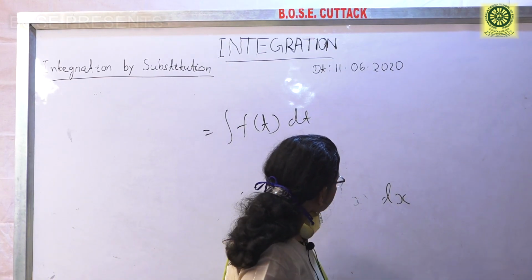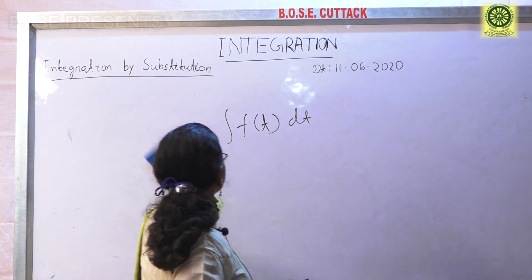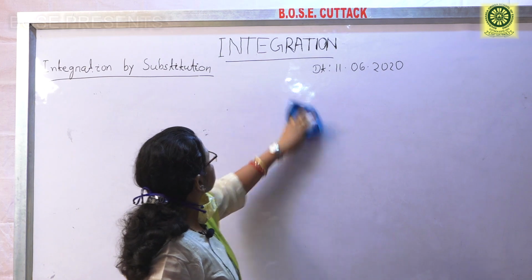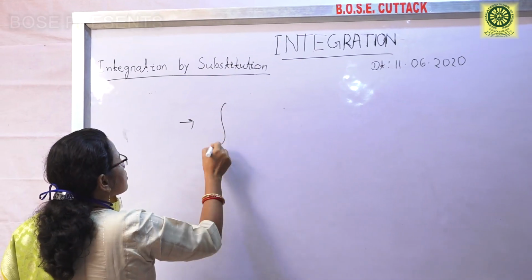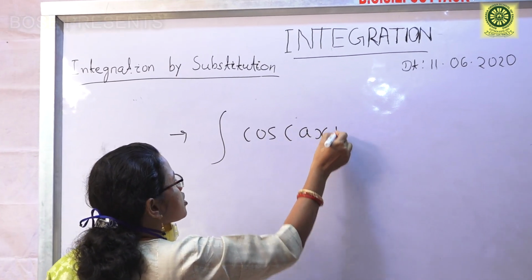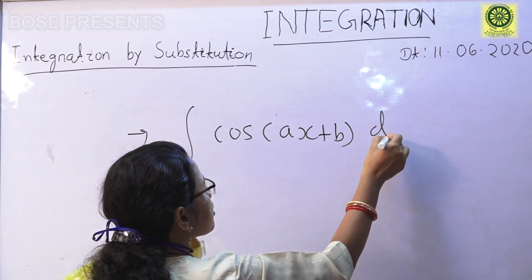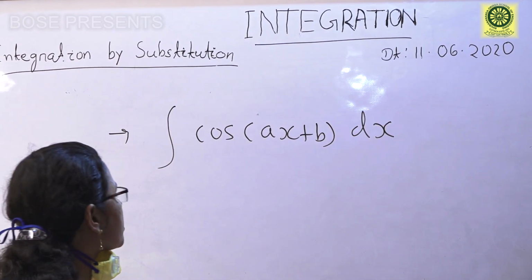Now let us do some more problems to make this clear. That is, you have to integrate cos of ax plus b with respect to x.